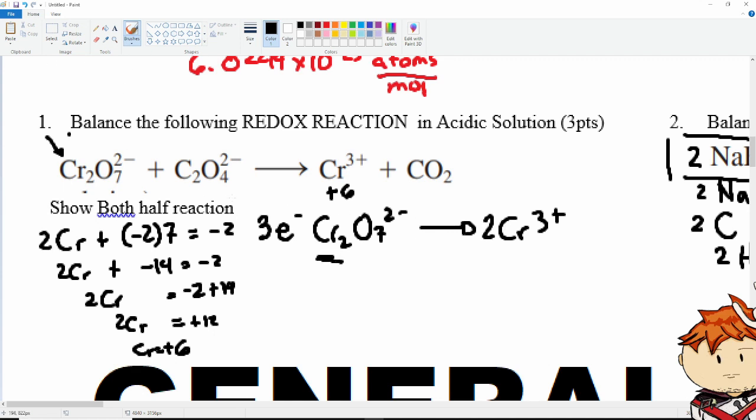And if there's 3 electron per chromium, that's gonna be 6 electron. Okay, that's how you balance redox reaction. You check the compound. So that is the balance for chromium.